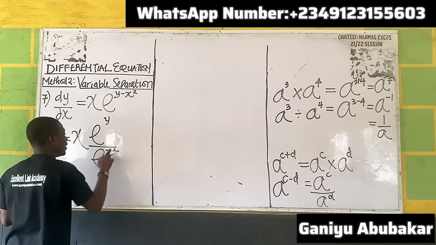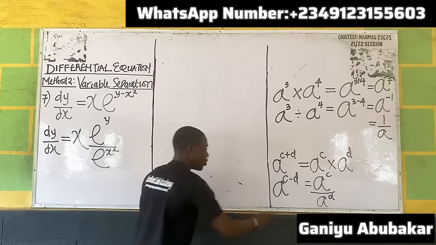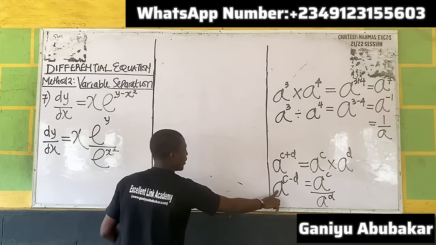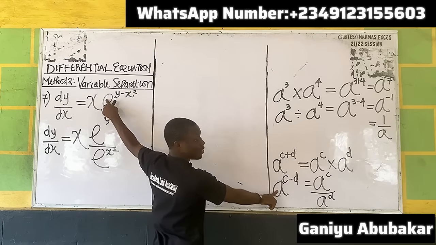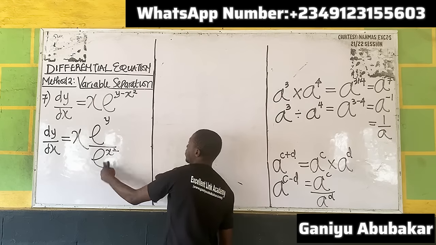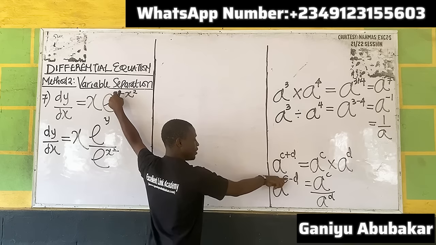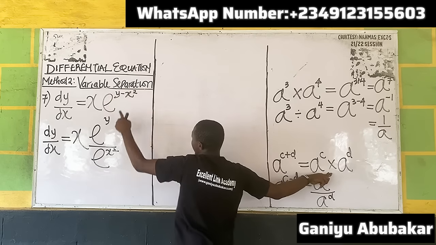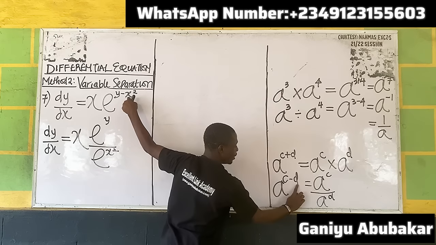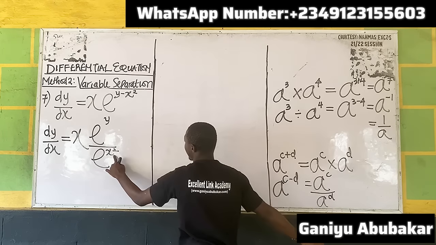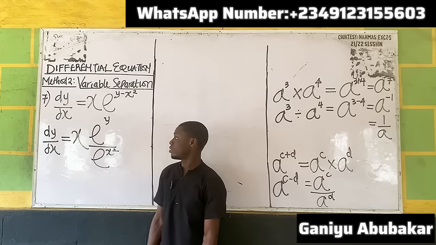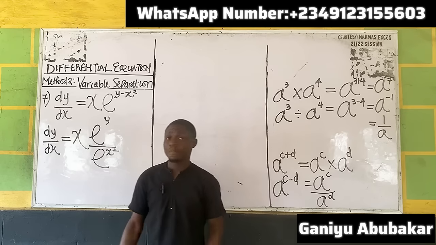Applying this concept, your a and exponential look the same. The power c is attached to y, and the power d, which is x squared, comes down here. That's how you express this.